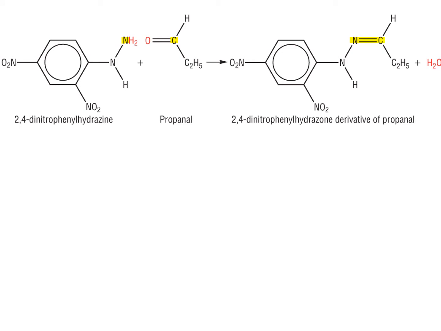Now this is something that they might do in an exam. They might give you an equation with an unfamiliar reaction like this one, and they'll tell you something about it, and they'll write out the equation so you can see what's going on, and then they'll ask you to apply that knowledge to another one.